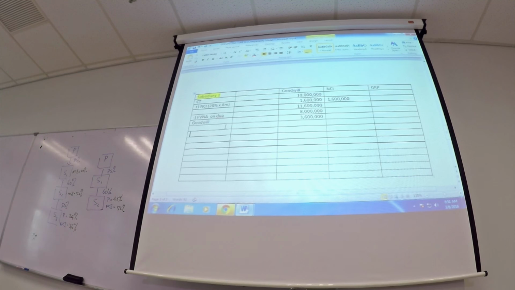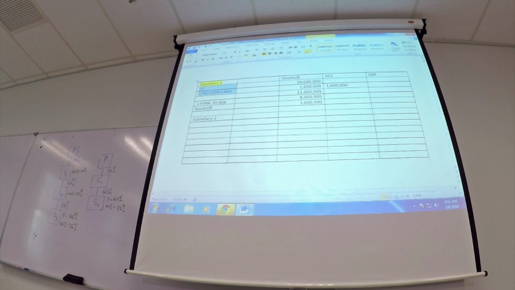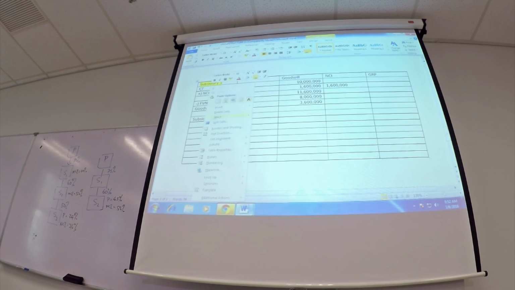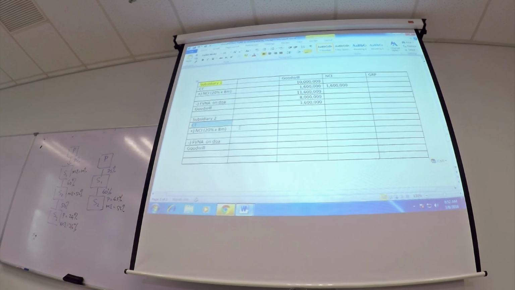So you will repeat the process for subsidiary 2. Subsidiary 2, the same thing, consideration transferred, this and this copy. So I have the luxury to copy and paste. You have to write it again, isn't it?